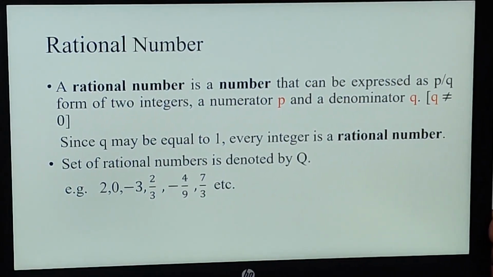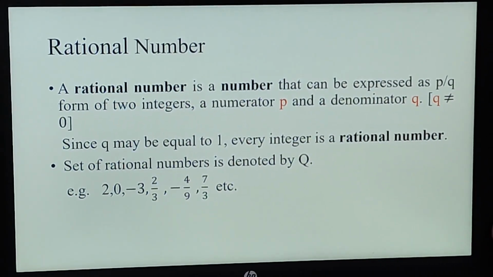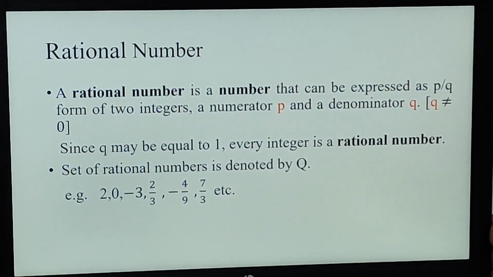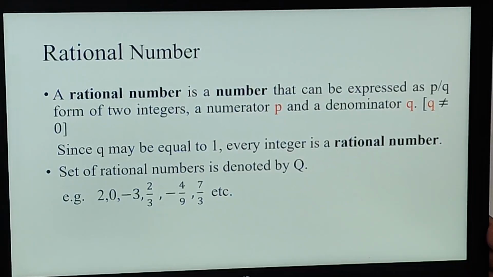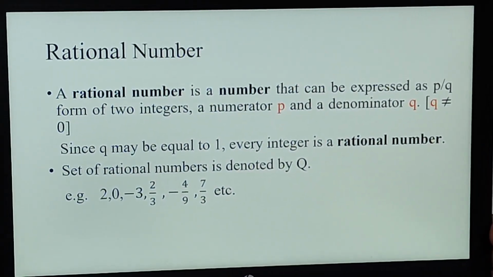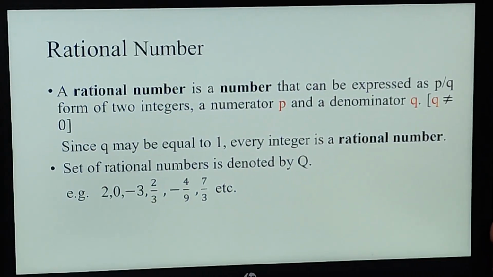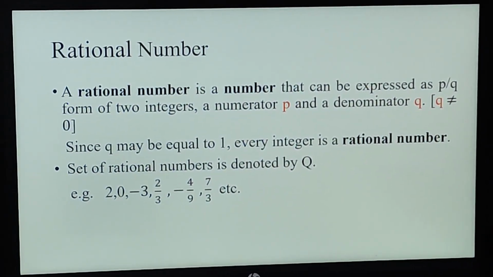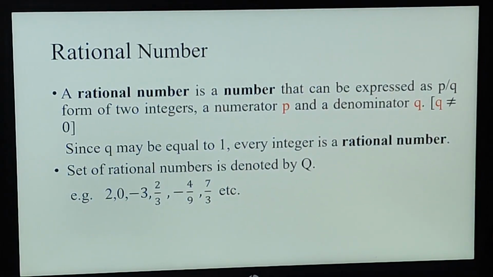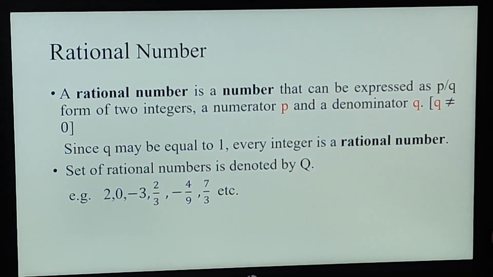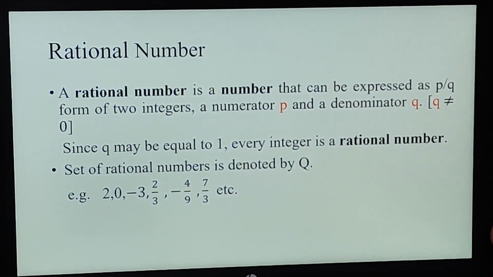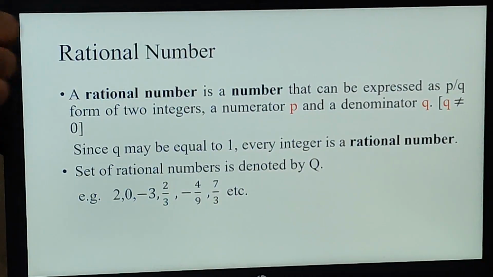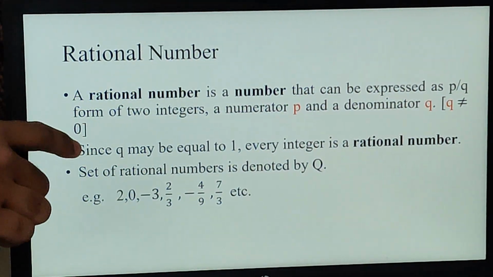Our next number is rational number. A rational number is a number that can be expressed in p by q form, where p is the numerator and q is the denominator. p can have any integer value, and q can have any value except 0. q cannot be equal to 0.